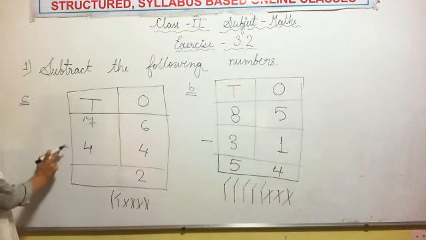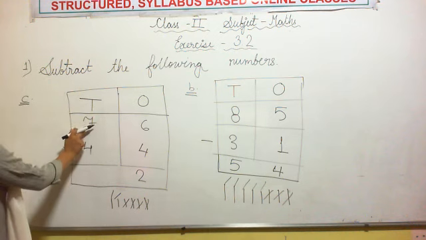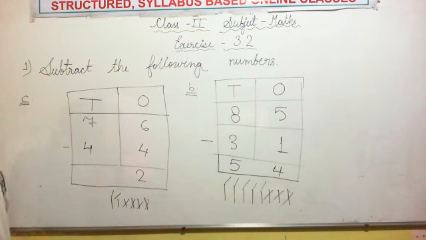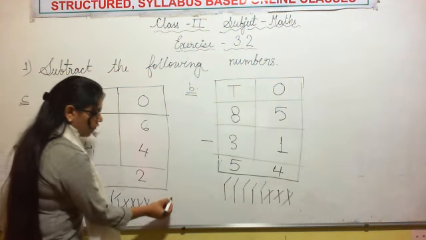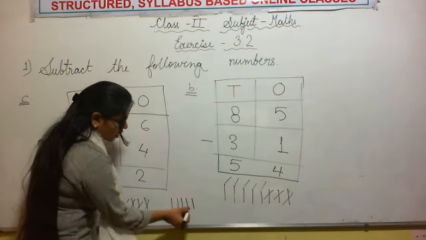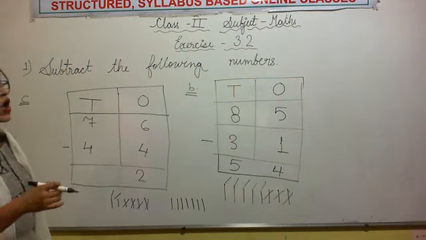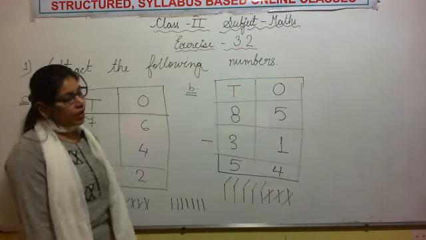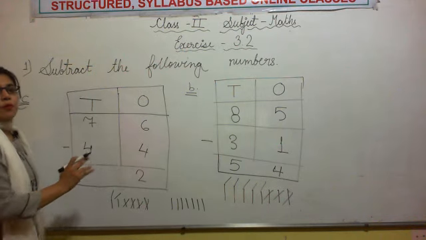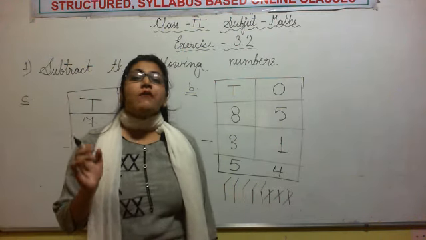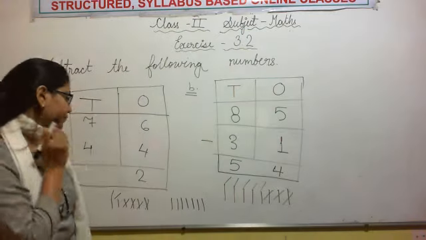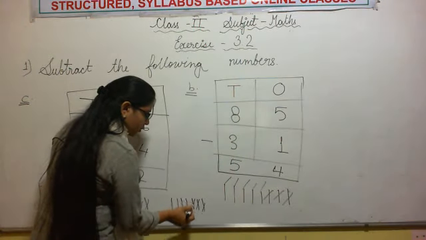Now 7 minus 4. First of all, we will draw 7 sticks in our rough work. Minus 4 is there. So we will cancel 4 sticks: 1, 2, 3 and 4.